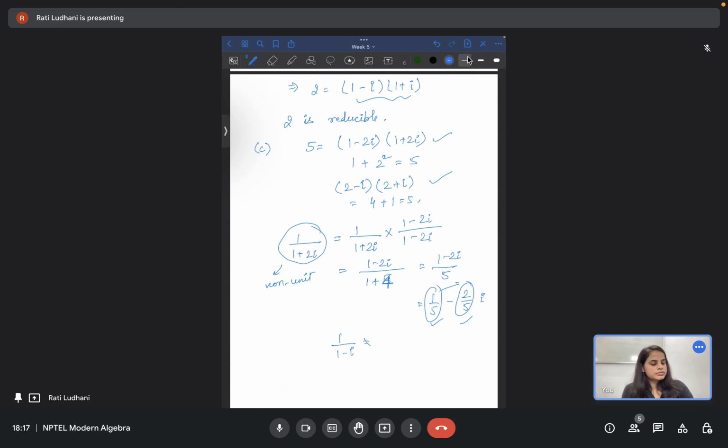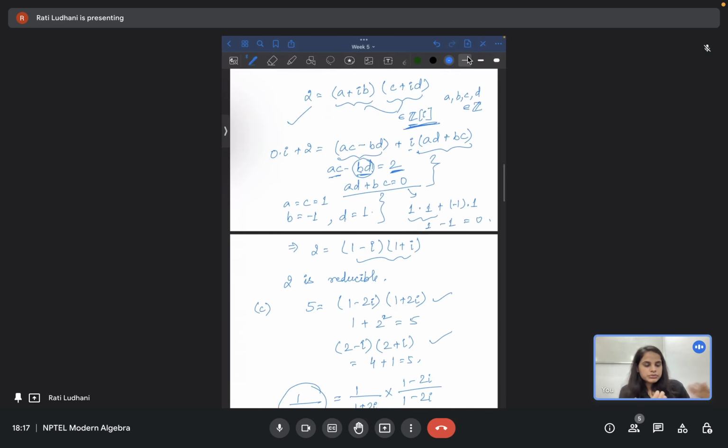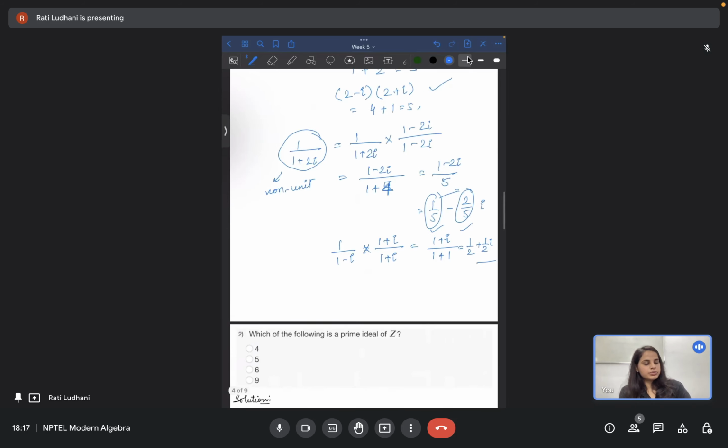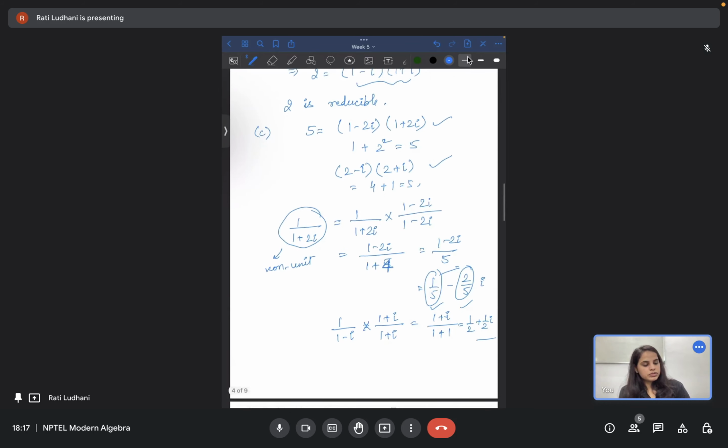If you take 1 plus iota, that is again 1 by 2 plus 1 by 2 iota. So again we need 1 by 2 in your ring, but that is not the case. Similarly, if you cannot see whether 5 is really inside this ring or not, you just try again with your base process, which always helps.